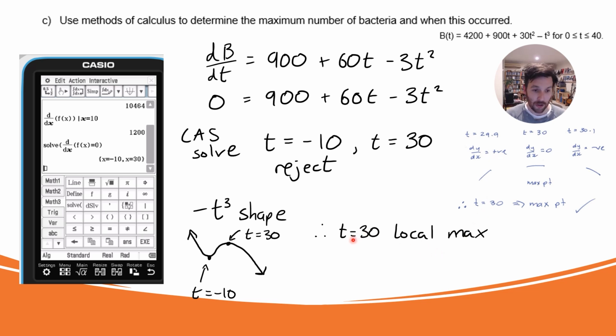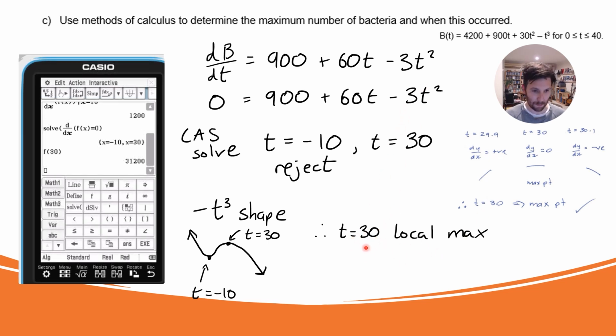Anyway, now that we know that the maximum occurs when t equals 30, all that's left to do is to plug t equals 30 into our original function. And again, because I've already taken the trouble to define this in the ClassPad, now I can just find f(30), which is going to give me 31,200.